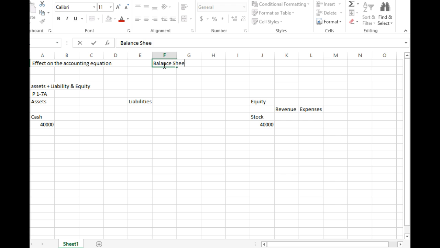Our balance sheet is a statement that lists all of the assets, liabilities, and equity. And the other statement we have is the income statement. That's one we'll be doing a little bit with. The income statement has the results of operations for some period.